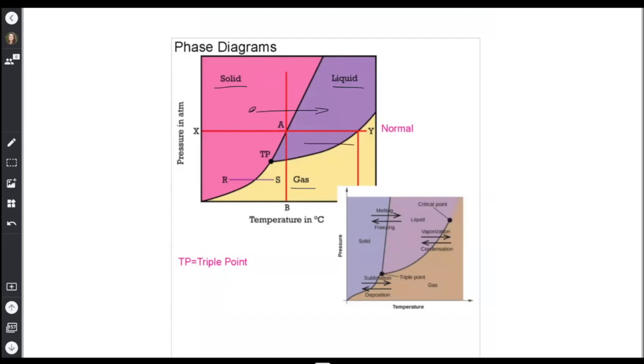Pass from a liquid to a gas, I am evaporating. And then I can go back and forth between solid and gas as well. And remember, sublimation starts with a solid, starts with S, and then deposition is going back the other way. Be able to identify those changes and what's happening as you go from lower temperatures to higher temperatures, or lower pressures to higher pressures.